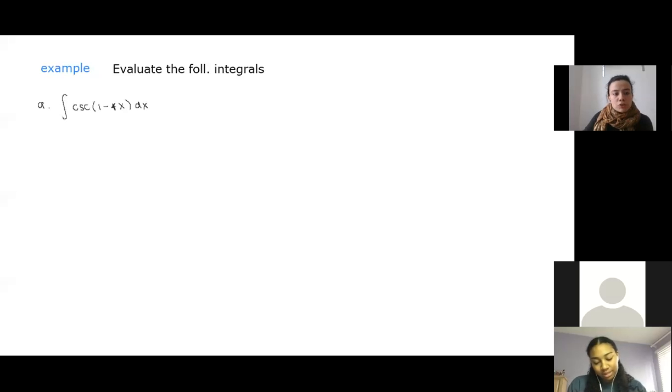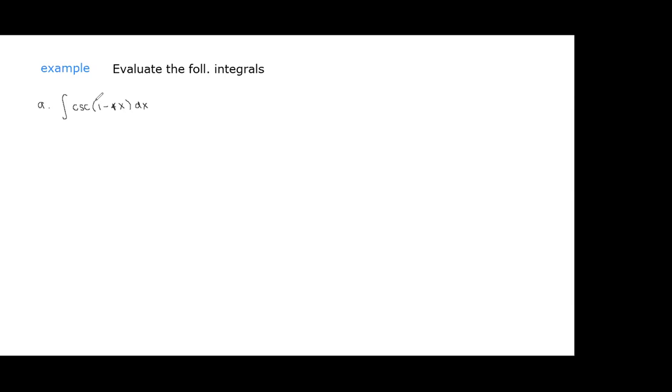All right, so if you try to evaluate this integral, you'll see that this shouldn't actually be that much more difficult, because we have that the inside function is just a linear function, right? So that means that the antiderivative of this is just the antiderivative of cosecant of x applied to 1 minus 4x, and then I'll just have to divide by the derivative of the inside.